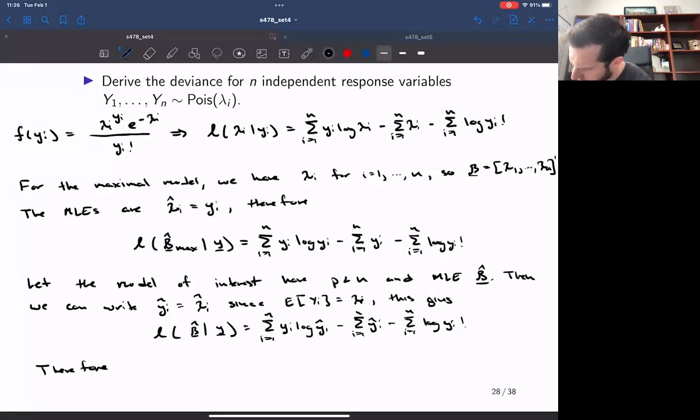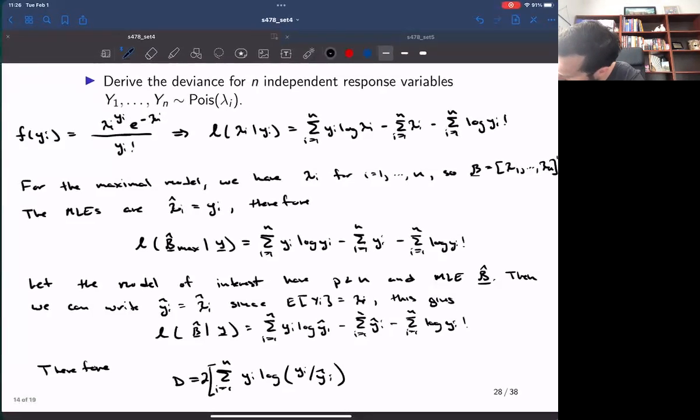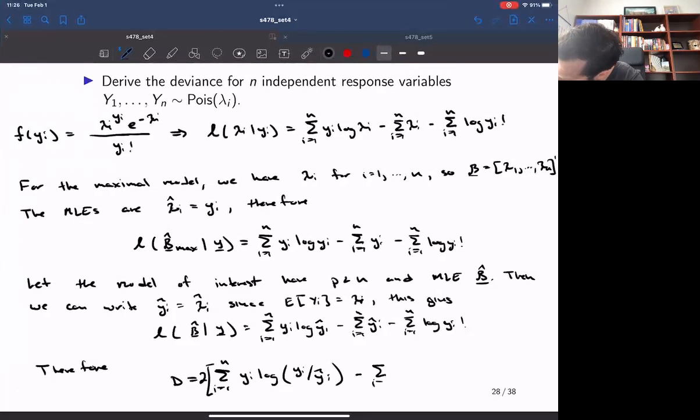Therefore, the deviance is equal to 2 times the sum from i equals 1 to n of yi log yi over yi hat, minus the sum of yi minus yi hat.